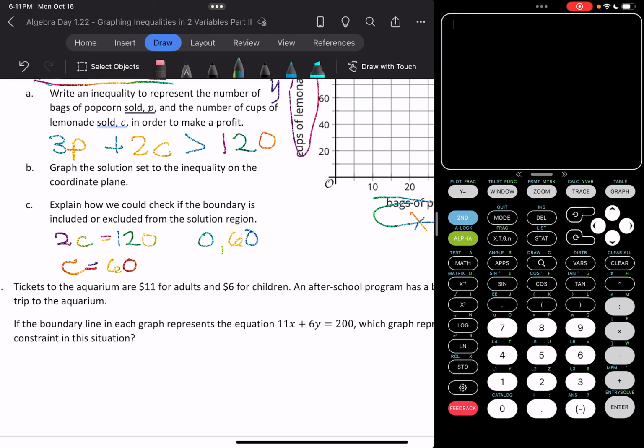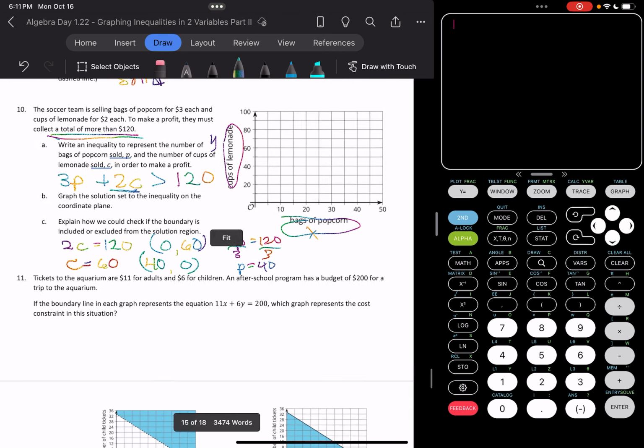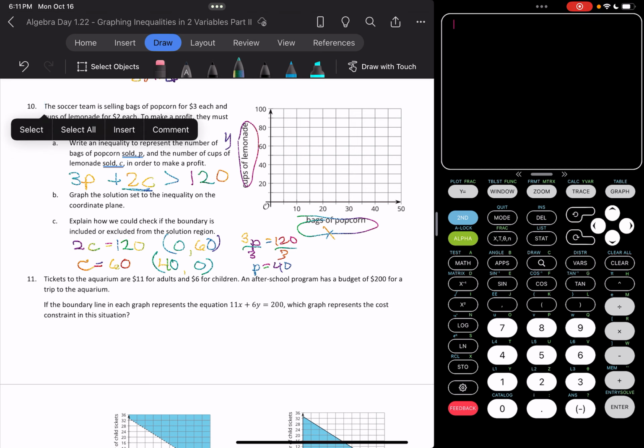Now if we were to do the opposite and make C 0, and say how many bags of popcorn would we need to sell if we didn't sell any lemonade, then we would have 3P equals 120. Divide both sides by 3. We get P equals 40. So popcorn would be 40 and we'd have 0 cups of lemonade in order to meet this constraint of 120. And so we can plot 0, 60 here. We can plot 40, 0 here, and we can attach those and draw our line.